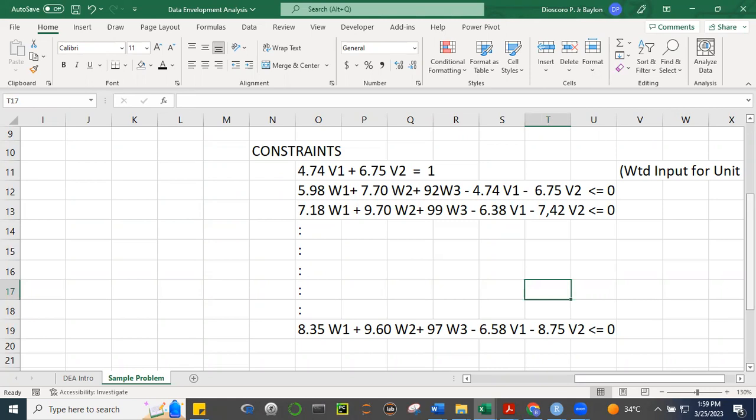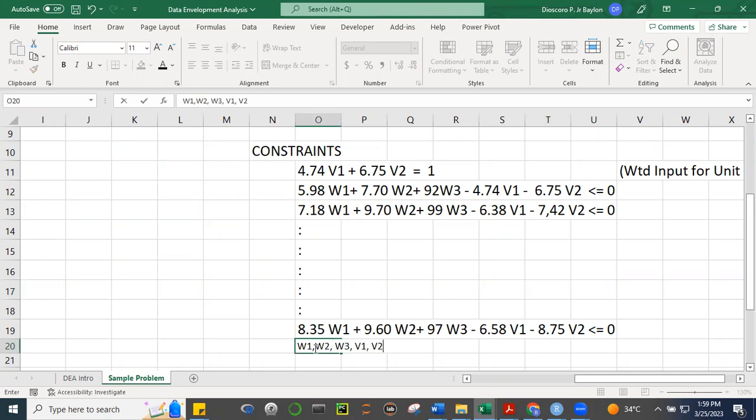Now we're ready to solve this. W1, W2, W3, V1, V2 are all non-negative, so this is our non-negativity.